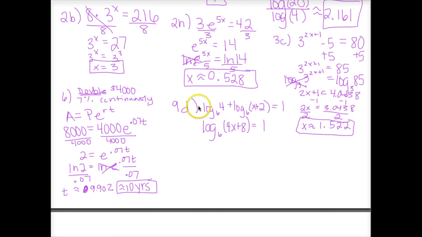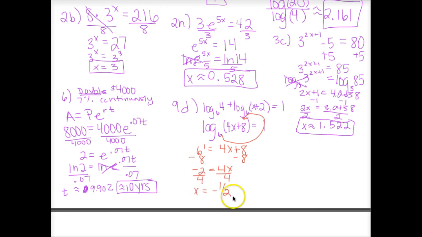So now that it's a single log, we solve logarithmic equations by swooping. So 6 to the first equals 4x plus 8. So 6 to the first is just 6. So subtract 8, which gives me -2 equals 4x. Divide both sides by 4. x equals negative 1/2.